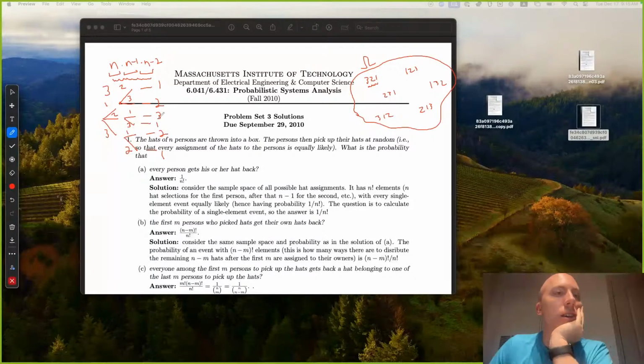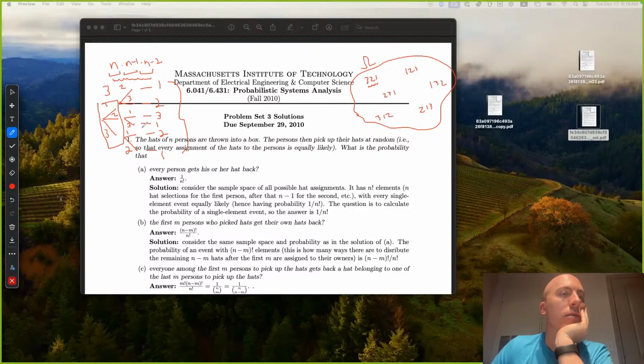And how many branches are there in this tree? We start off with n branches in the first step. For each of those n branches, there are n minus 1 branches from that.